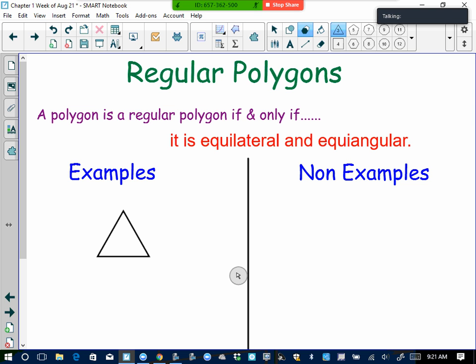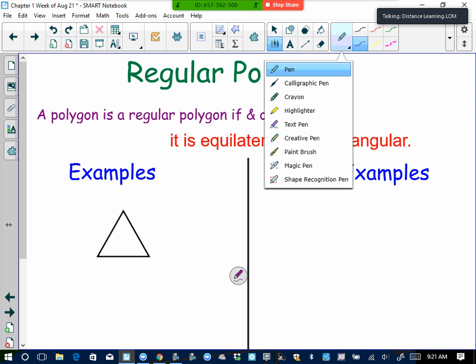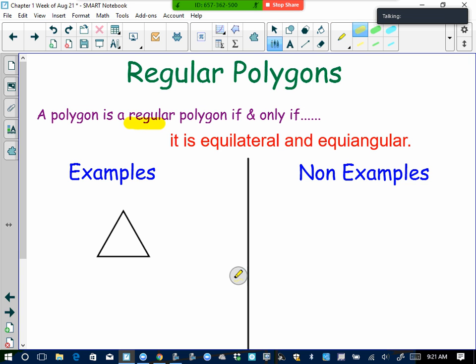No. So a polygon is regular if, so that's what we're looking at definition-wise, it has to be equilateral. All the sides have to be equal. All the angles have to be equal. What about a rectangle? Where does that go? Non-example. Right, even though the angles are equal, the sides aren't equal.